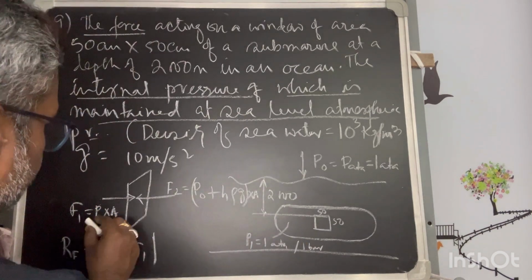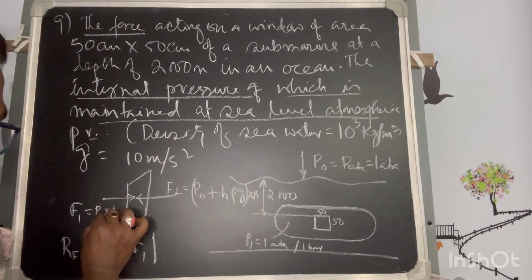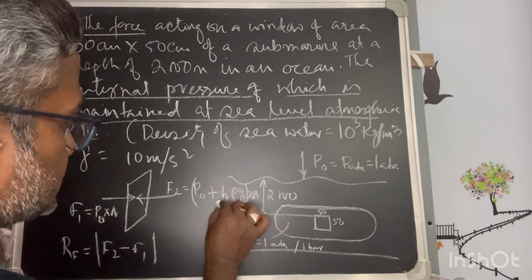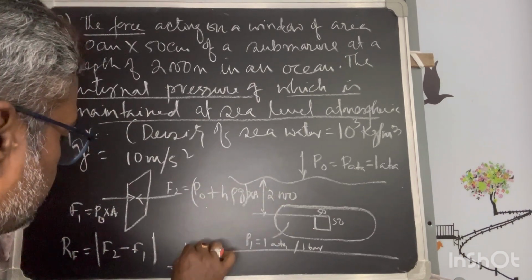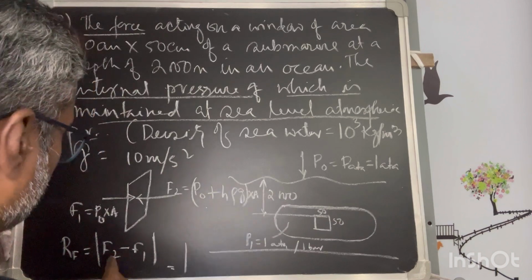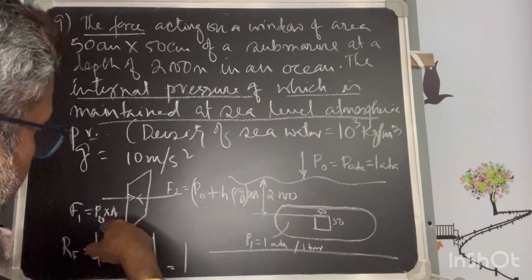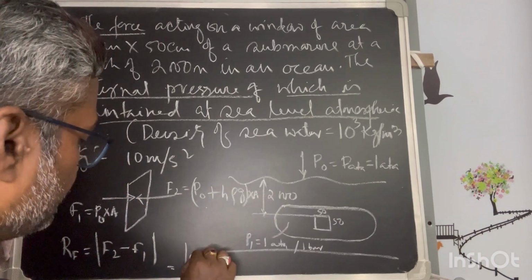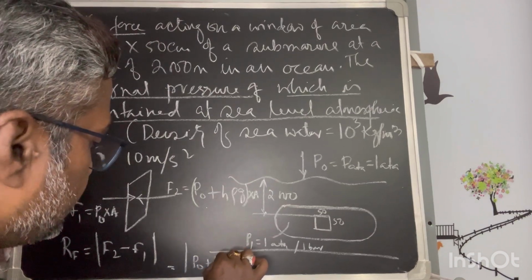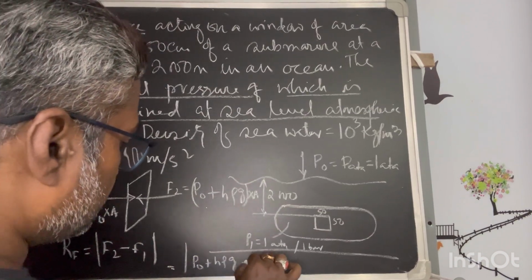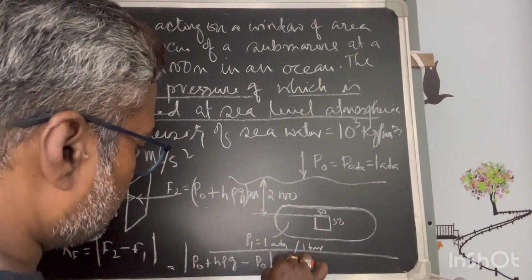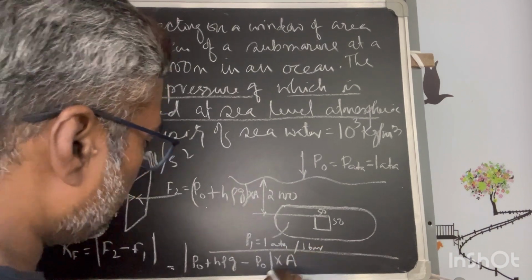Now P1 is nothing but P0, the atmospheric pressure. Because both are acting on the same cross section area, the difference is P0 plus h rho g minus P0, whole into A.